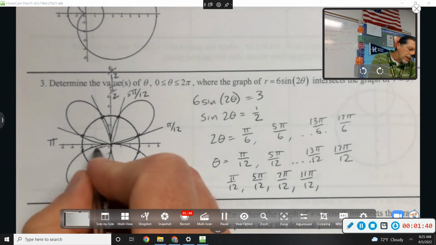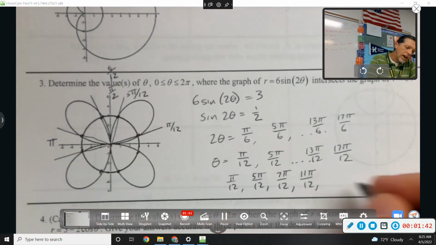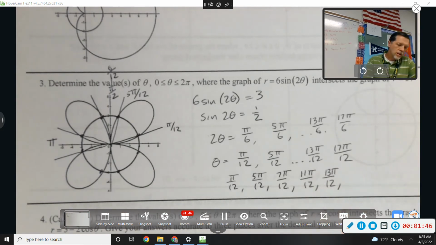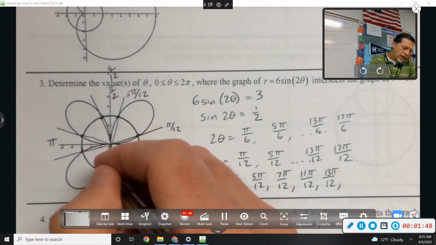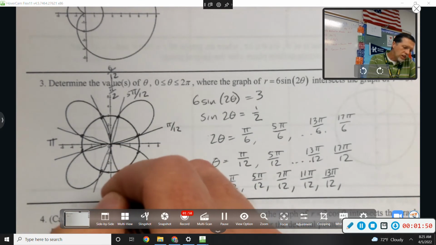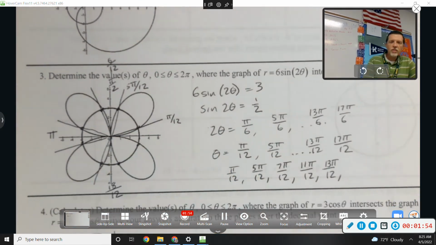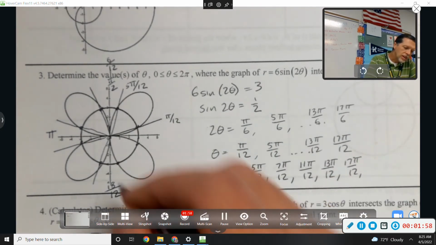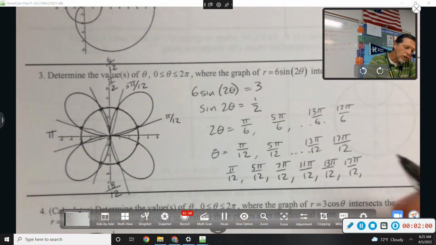And then I need a 12th past pi, so that would be 13 pi over 12. And then I need almost 3 over 2, which would be 18 over 12. So 17 over 12. And then 1/12 past that would be 19 over 12.